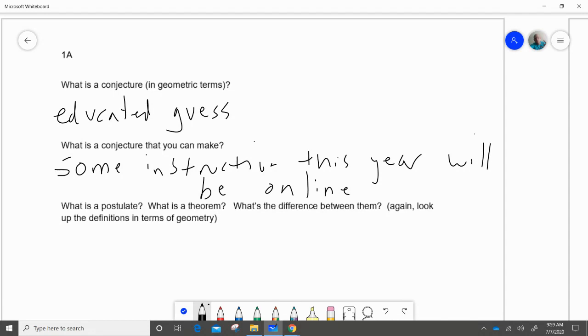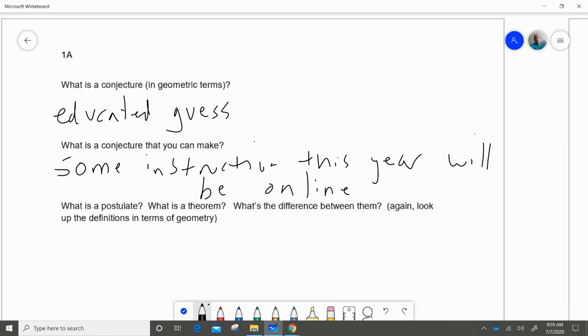That's just a conjecture that I'm making right now, considering that school shut down for the end of the year.